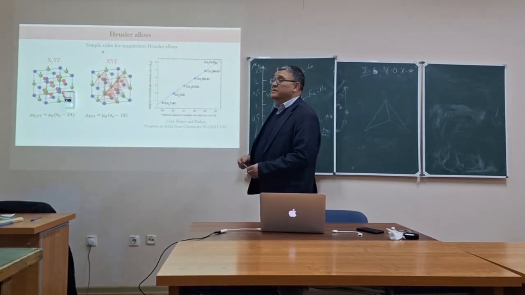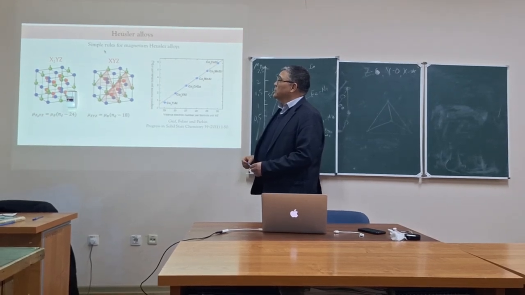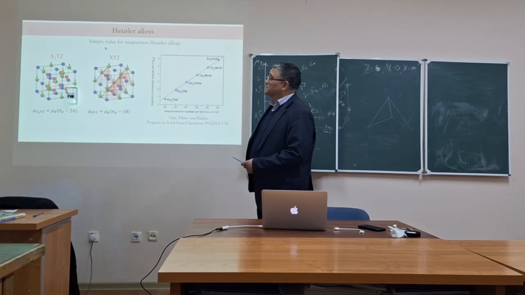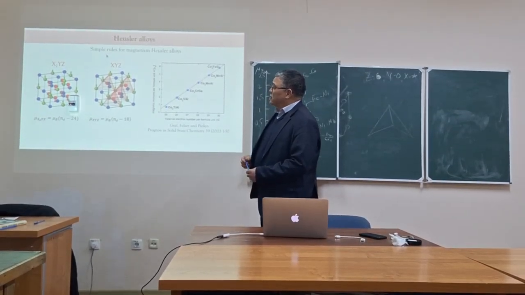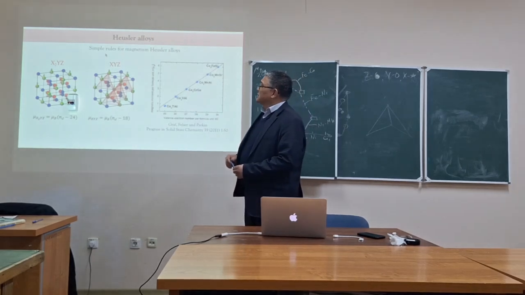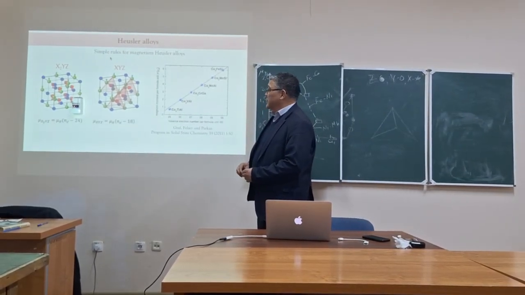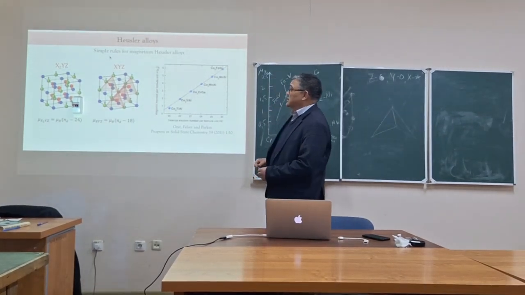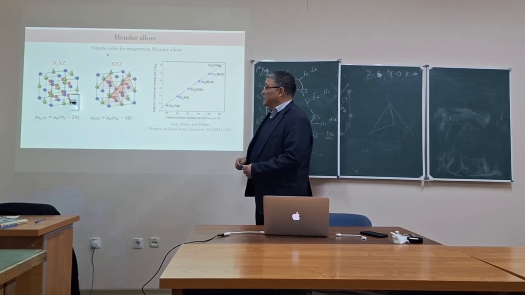Now, besides rare earth and transition metal ions, we can also compose other materials that have magnetic properties, and these are called Heusler alloys. Heusler alloys are composed of three types of atoms, X, Y, and Z. Here X and Y are magnetic atoms, and Z is some other non-magnetic atom.